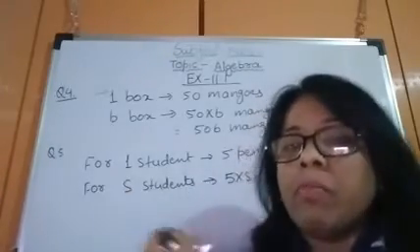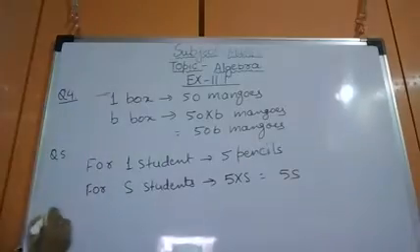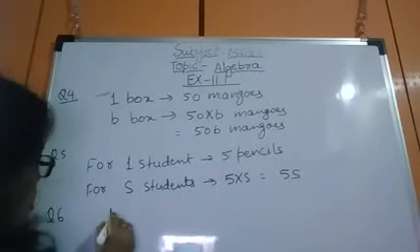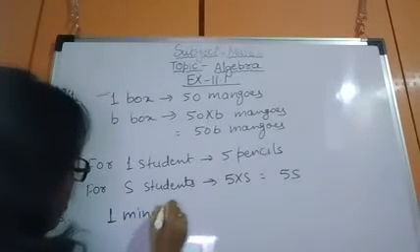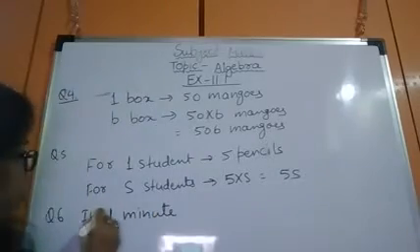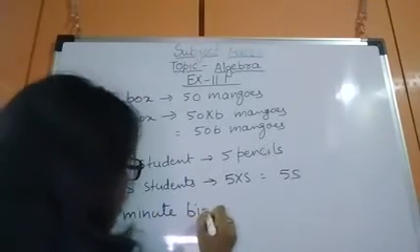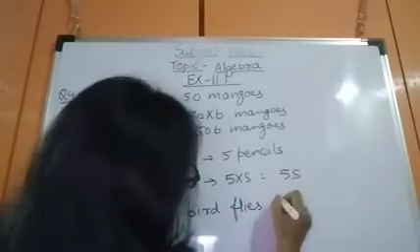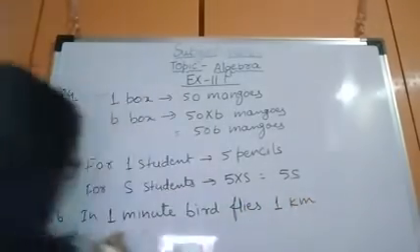That is 1 multiplied by T. Question number 6. In 1 minute, bird flies 1 kilometer.